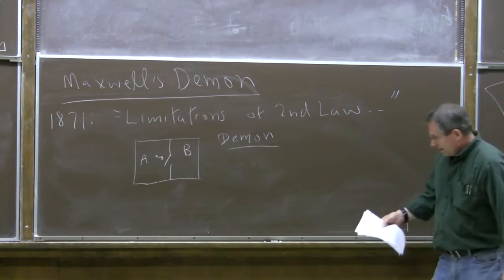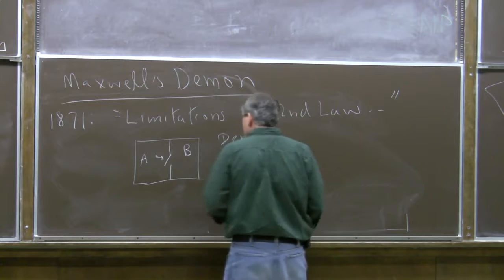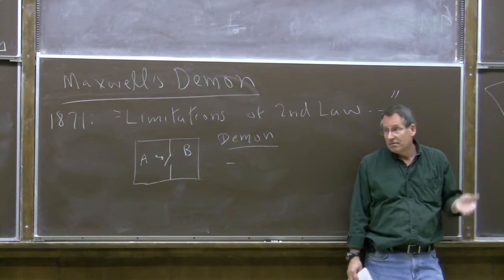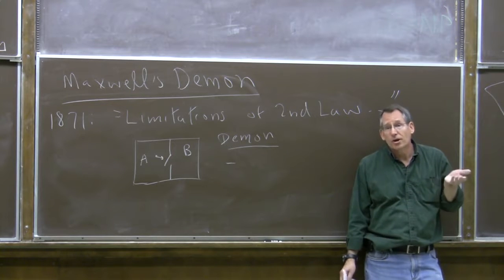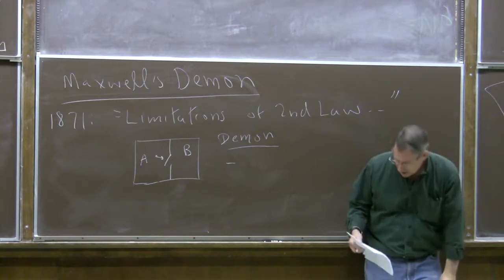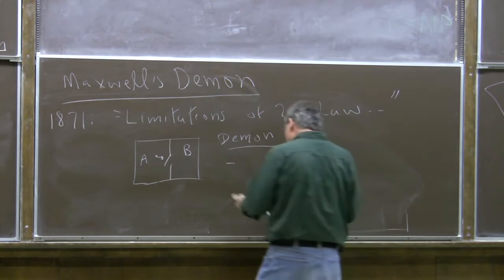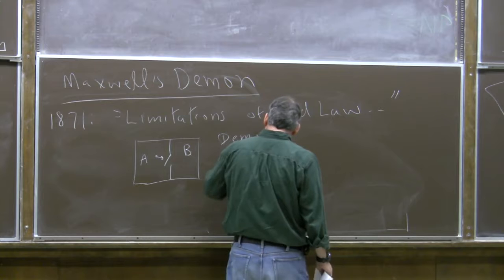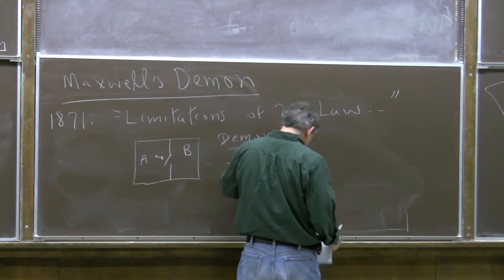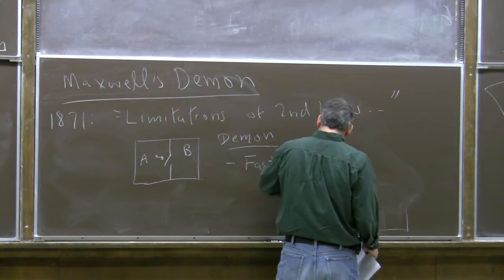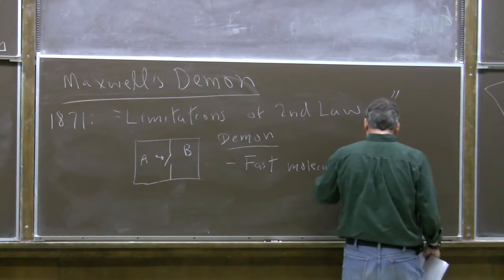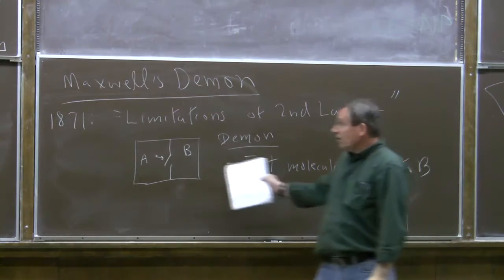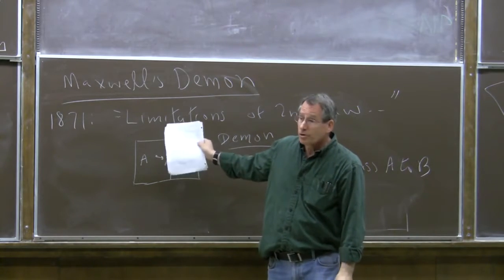And he allows any molecules that are going faster than average to pass. There's a Maxwell distribution of velocities, right? Some are going faster, some are going slower in equilibrium. And so when he sees fast molecules heading towards the door, he allows them to pass if they're going from A to B. But if they're trying to go from B to A, he doesn't let the fast molecules through.